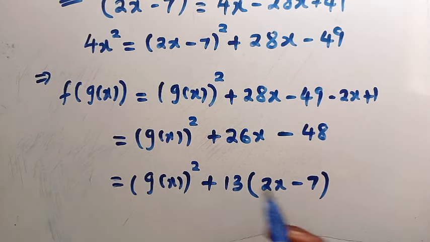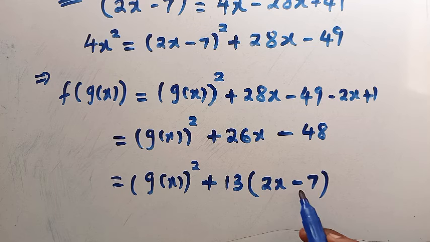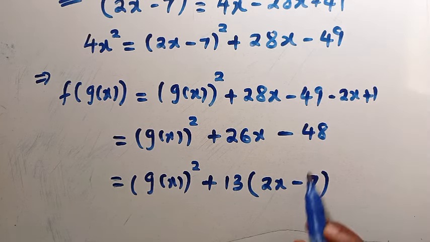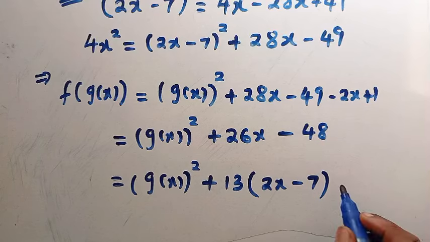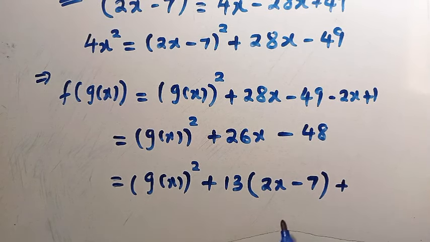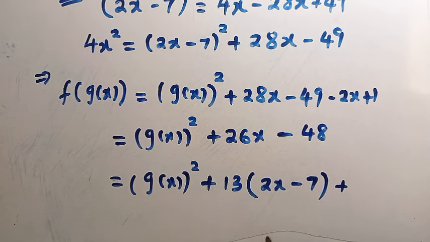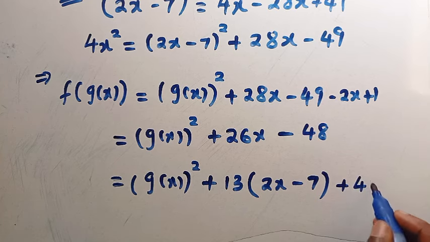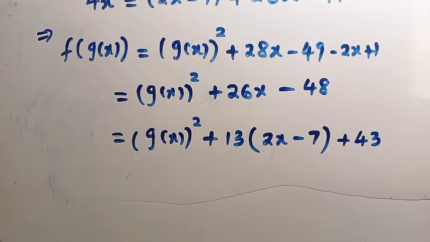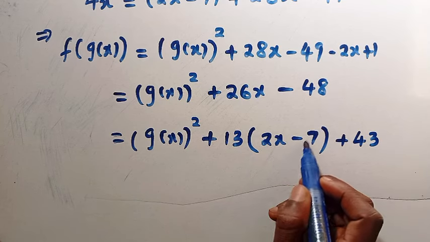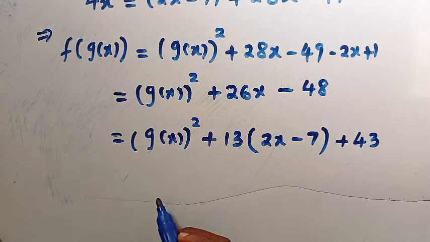If I multiply 13 by minus 7, we are going to get minus 91. But we need minus 48. Therefore, we have to add a value that will make it minus 48, which is plus 43. I hope this is clear. Therefore, 2x minus 7 is now g of x.